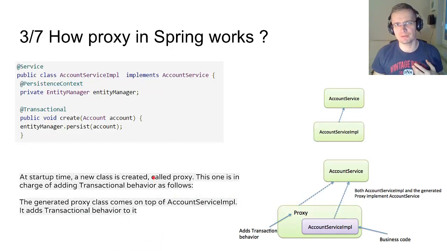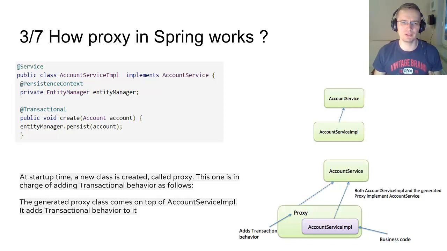Second question, how does proxy in Spring work? You can answer this question by using the transactional annotation example. As you can see here, we have a class, the account service implementation, which implements the account service, and we have the transactional annotation on a create method. Remember that whenever you use such an annotation, at startup time, a new class, a proxy class, is created for you by Spring.